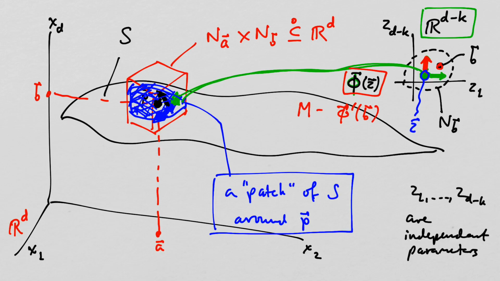Let me call that matrix M for matrix. It's like some specific matrix of size d by d minus k. But that has a corresponding linear map, L sub m. And that's going to map vectors in d minus k space to vectors in d space. Okay, it's going to take a vector such as this horizontal one, and it's going to map it to a vector like this.